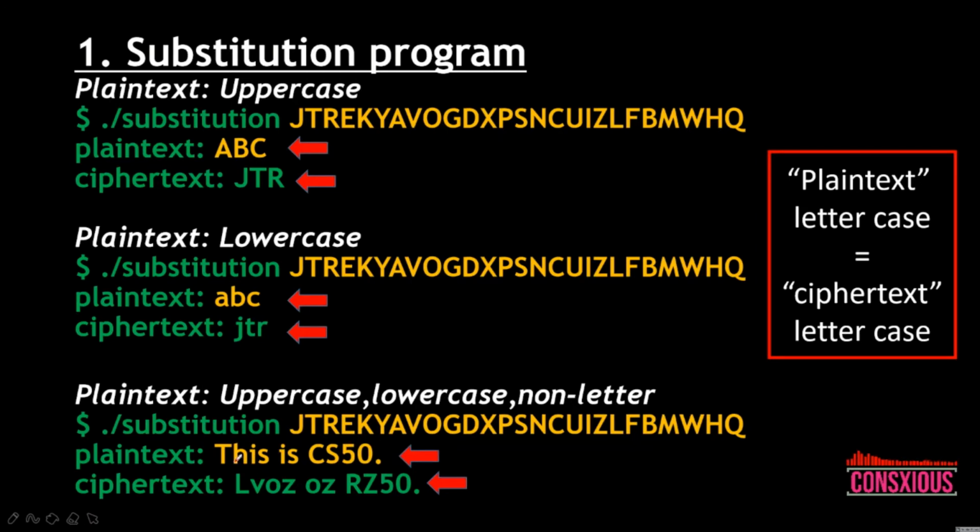For example, the user input here is CS50, which consists of uppercase, lowercase, and also non-letters. You can see the ciphertext keeps the same case, and non-letters stay the same, with no changes. So we can conclude here that the plaintext letter case is equal to the ciphertext letter case.